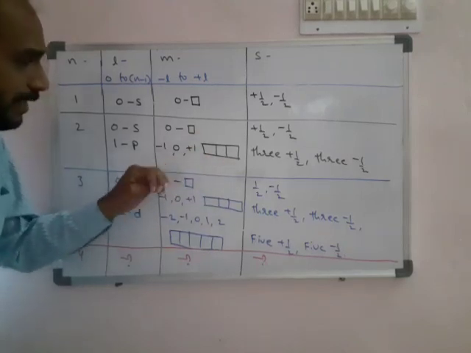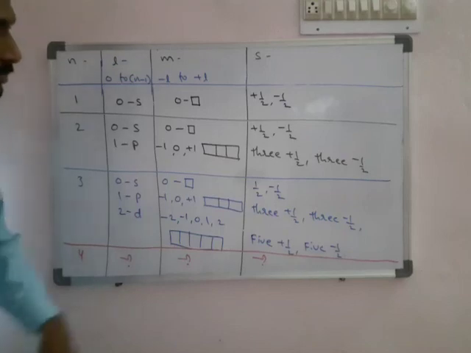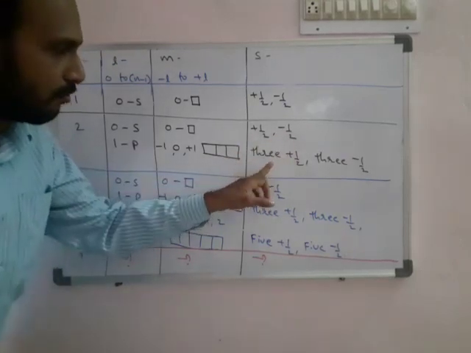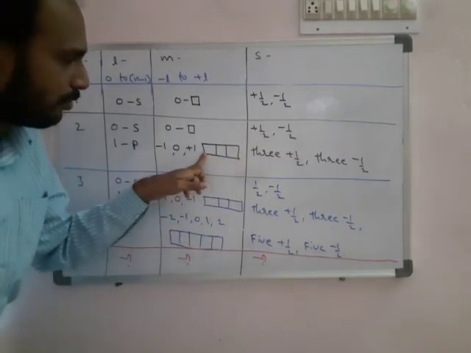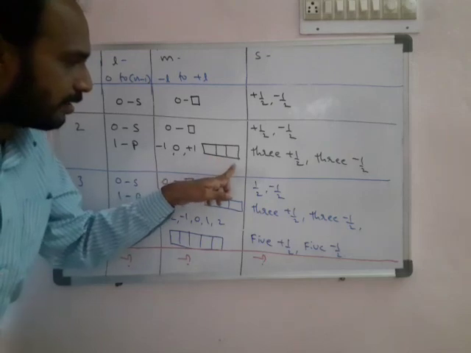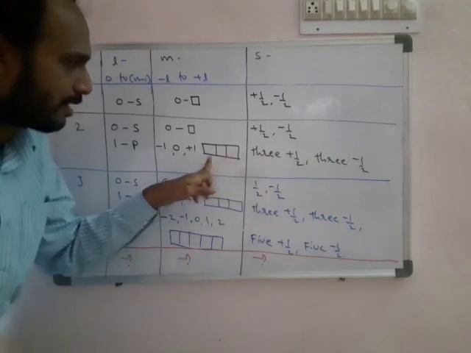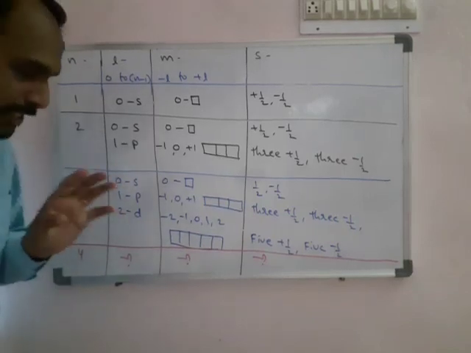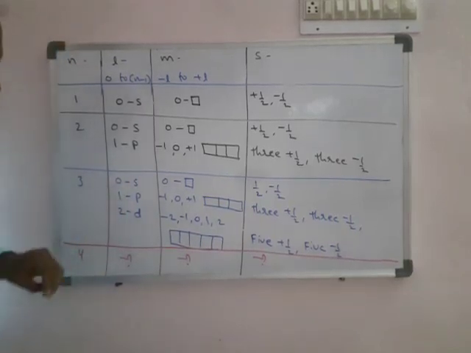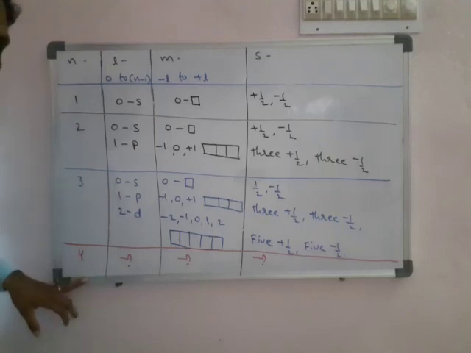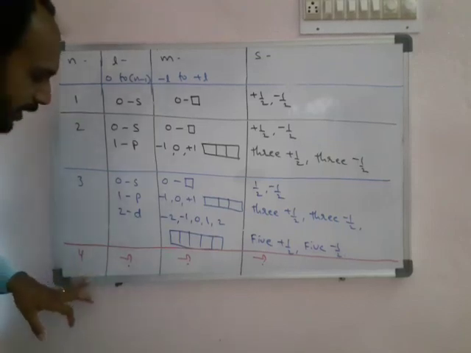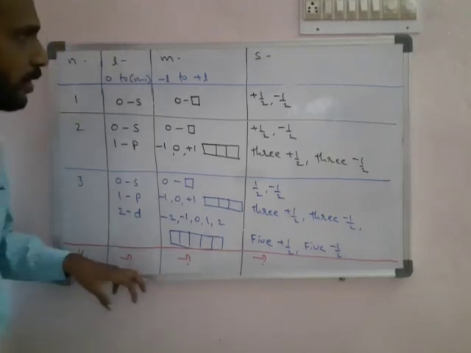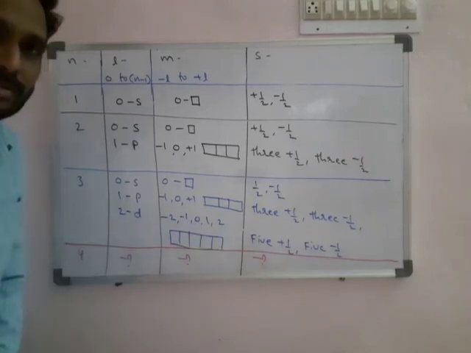It contains a total of 8 electrons, 4 plus halves and 4 minus halves. In the same way for n equal to 3. So you need to write all the quantum numbers for n equal to 4. What are the L values, what are the m values, and what are the s values?